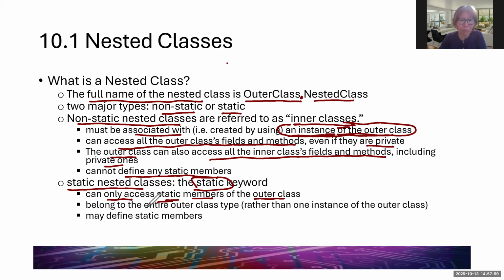A static nested class belongs to the entire outer class type, not like the non-static inner class, which belongs to an instance of the outer class. This static nested class also allows defining static members.